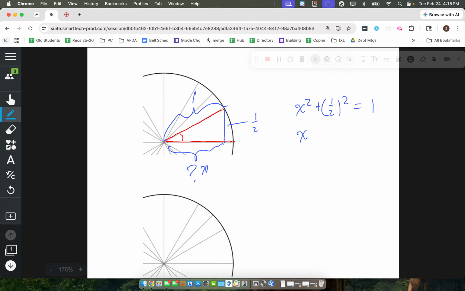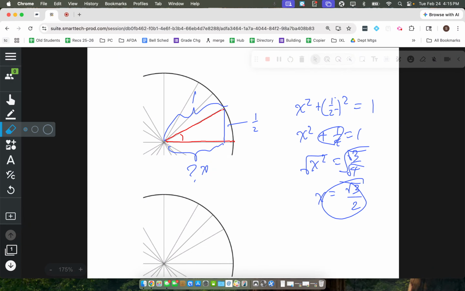So x squared plus 1/4 is 1, x squared equals 3/4, because I subtracted this. That means when I take the square root of both sides, x equals square root of 3 over 2, because you took the square root of the top and the square root of the bottom.